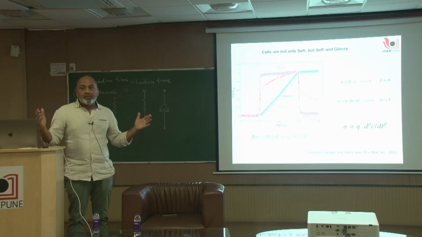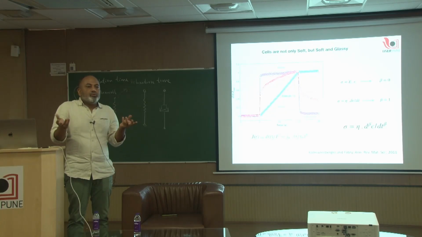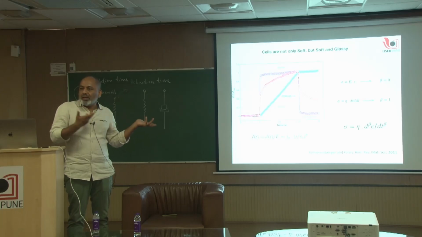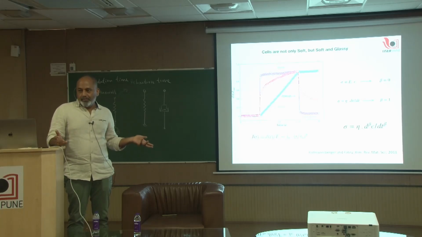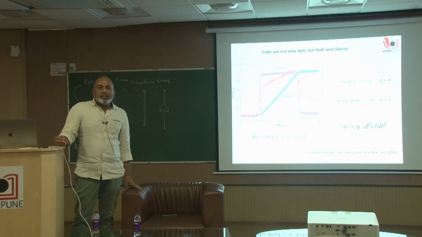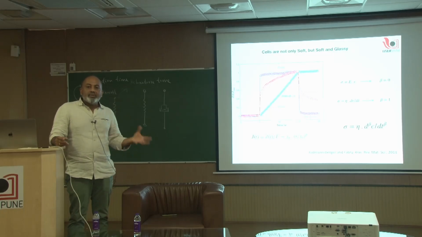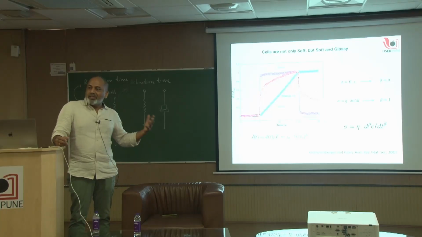If you have more parameters to describe your system, you are in trouble. Any combination of these parameters will be able to show you the same behavior, and it's very difficult then to say anything meaningful. So if I model the cell as a viscoelastic material with a couple of time scales, it's a problem. But if it is an infinite number of time scales, then it's nice, because then it's a power law.